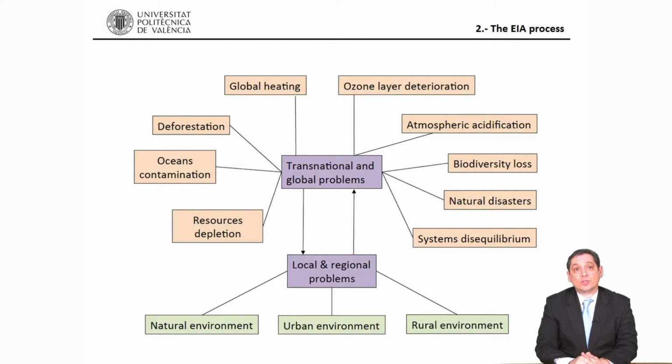The most important transnational and global problems are resources depletion, oceans contamination, deforestation, global heating, ozone layer deterioration, atmospheric acidification, biodiversity loss, natural disasters, and in general, many other systems disequilibrium. In our everyday life, we are dealing with local and regional problems which affect our natural environment and that are caused by industrial activities, agricultural activities, and municipal activities.